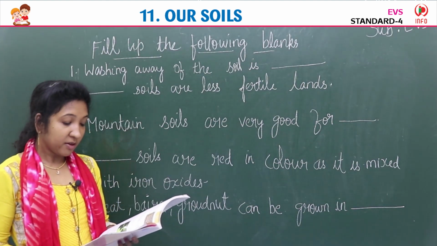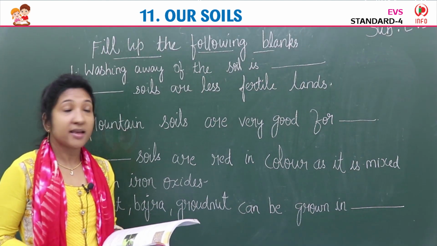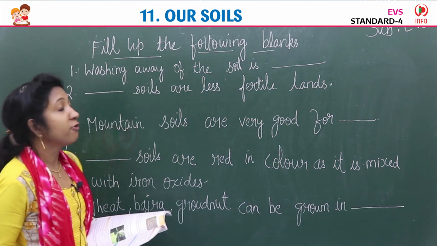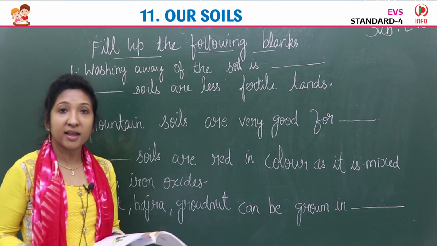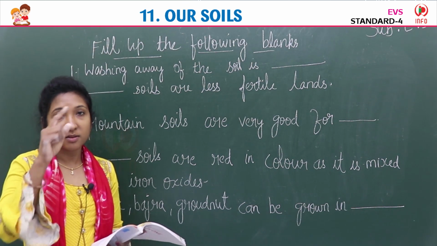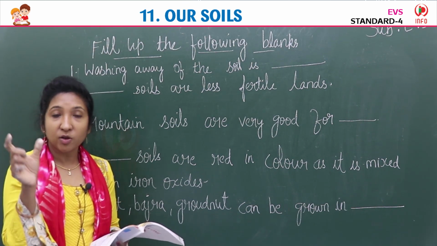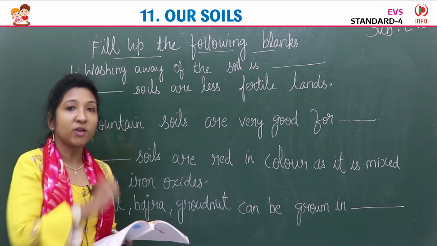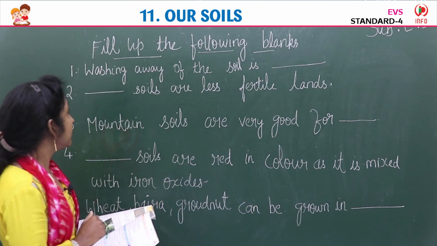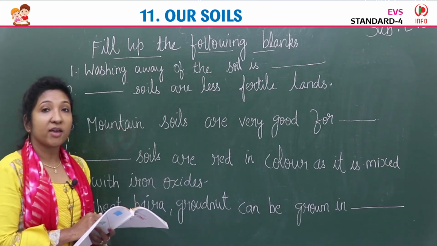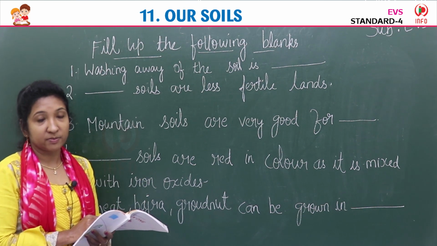Yes, children. So our next exercise is to fill up the following blanks using the clue kit. In your textbook, they have given a clue kit. In that you have to search for the answers and write them. Our first question is, washing away of the soil is dash.